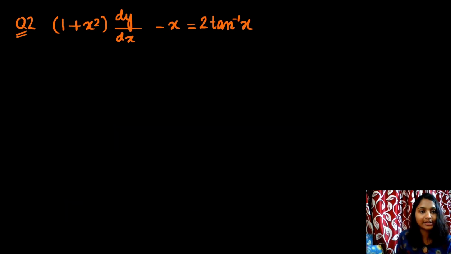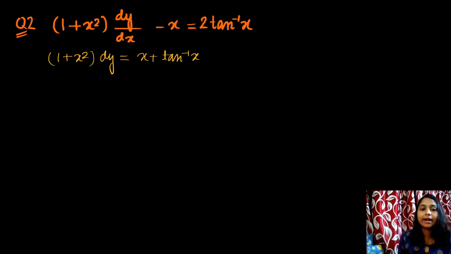Let us now move to this example here, 1 plus x square. So again, if we write it in this form, (1 plus x square) dy equals (x plus tan inverse x), and we can multiply here dx. So by moving this term here in the denominator, we can again separate the variables x and y.